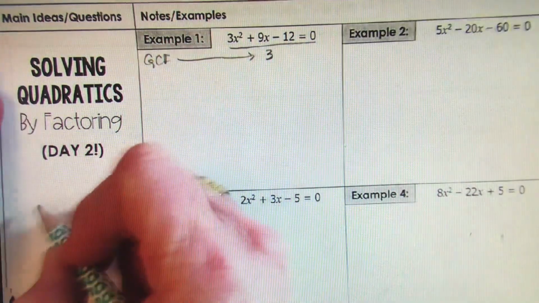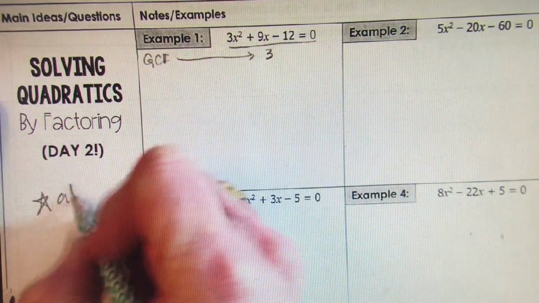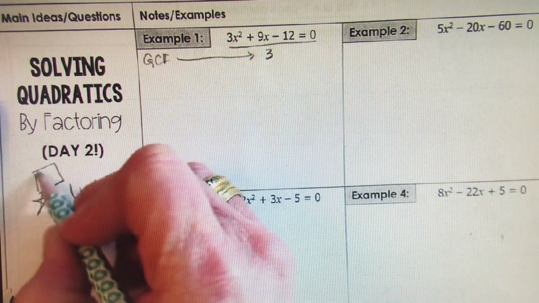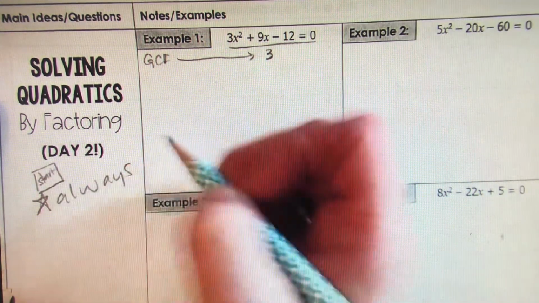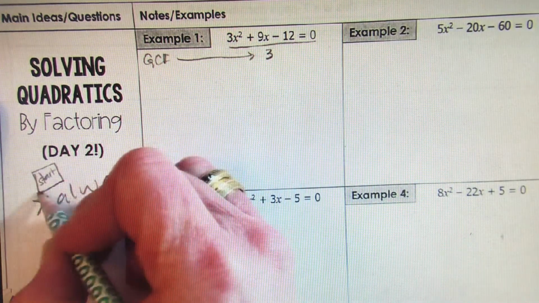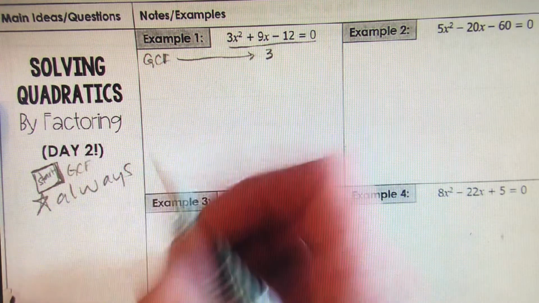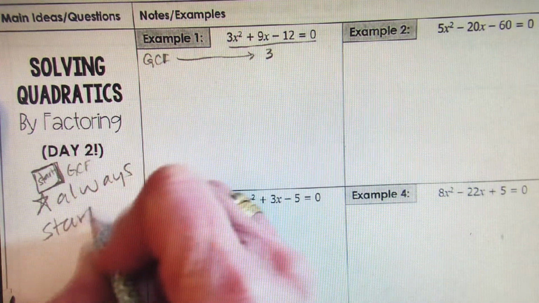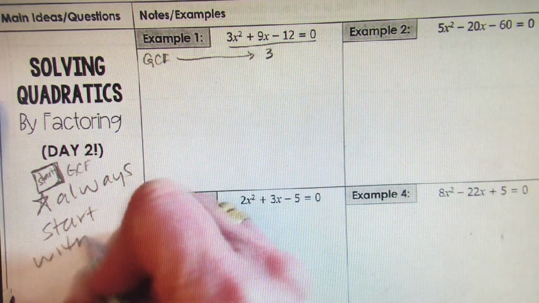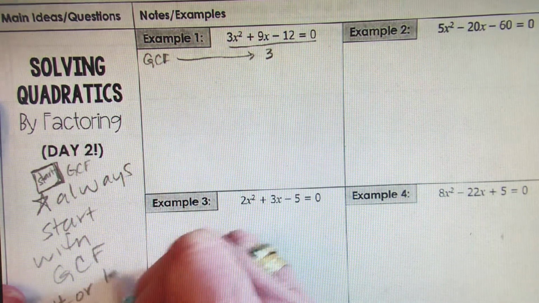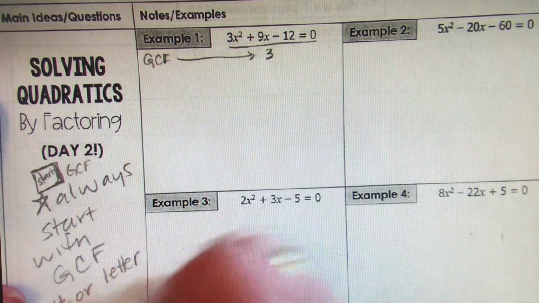So remember, always start, kind of like if I'm playing a game and I have to put my piece down, that's where your start place is. That's the GCF. Always start with GCF if you can. And that can be a number or letter. Remember, a letter is just a variable.